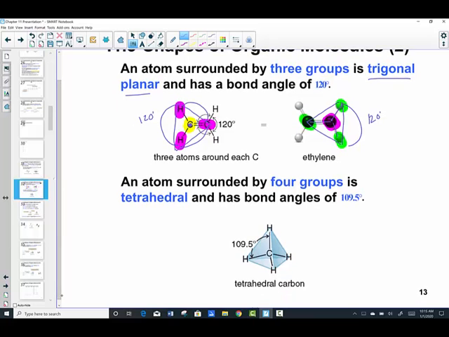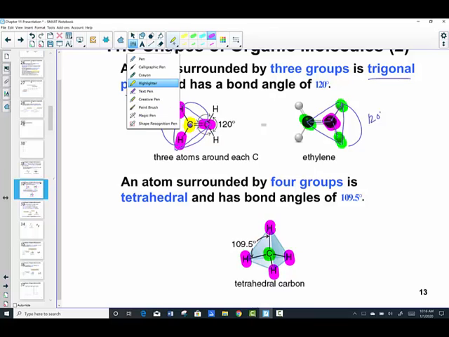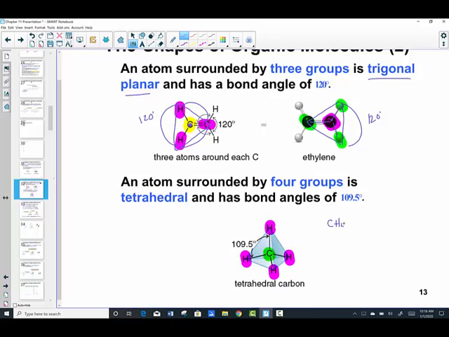An atom that is surrounded by four groups is known as tetrahedral, and it has a bond angle of 109.5 degrees. So when we refer to a central atom, such as this carbon, and we highlight the attachments, those four attachments being hydrogen in the example of methane, each one of those attachments, for the molecular compound CH4, has a bond angle of 109.5.